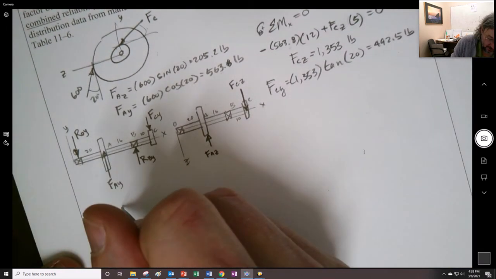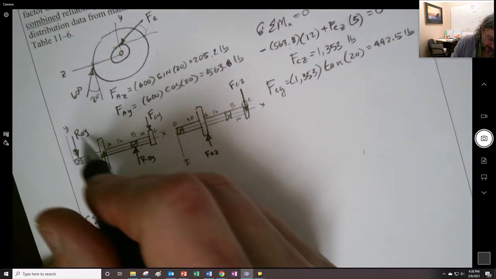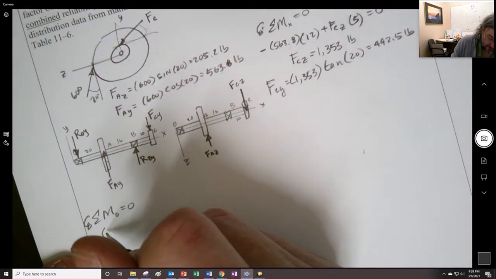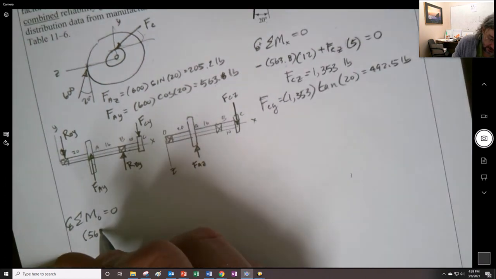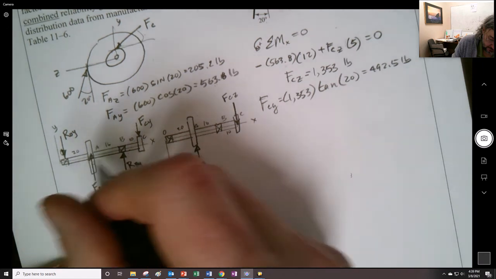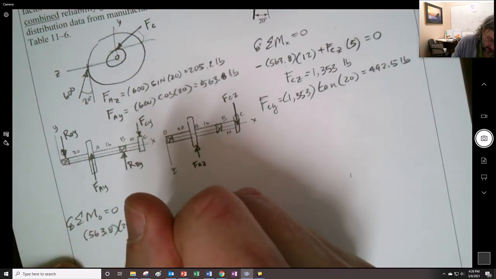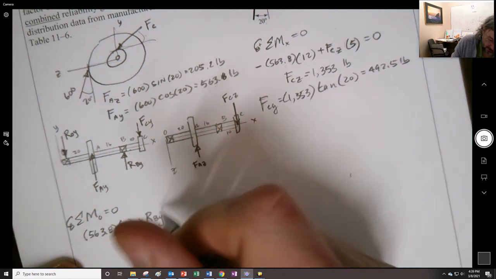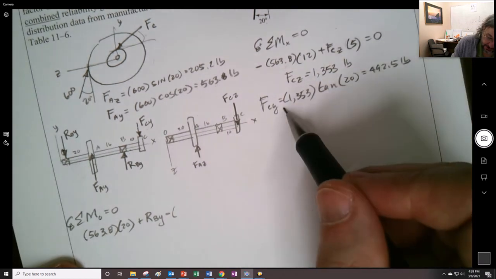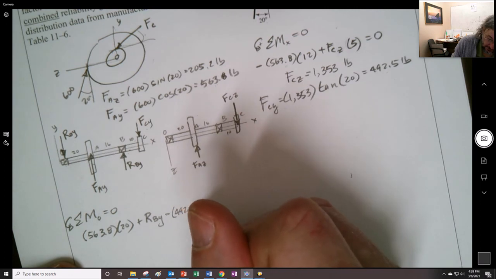So I'm going to write the sum of the moments. I'll do it about O. And so I'm going to take my FAY as counterclockwise. So that's my 563.8 times 20. And then this guy right here, I assumed he was counterclockwise, so let's hope I got that right. And then this guy is going clockwise, and he was 492.5. Oops.